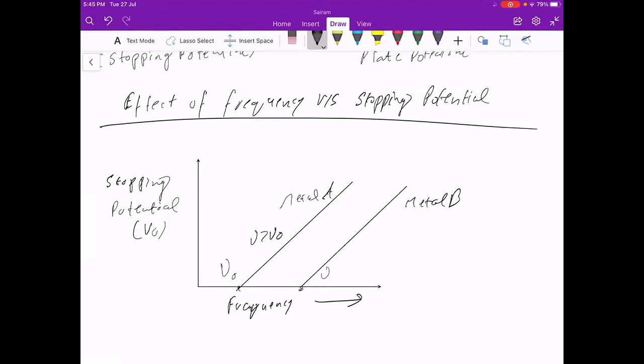Similarly, for the threshold frequency of the other metal, nu naught prime, if you are at the threshold frequency, then stopping potential is zero, because you need not apply any potential to the metal plates, as the electrons will just be able to come out. They will not have any kinetic energy, so they're not going to reach the collector plate at all. This is the gray area, where the frequency is equal to the threshold frequency. If the frequency is kept less than the threshold frequency, it is impossible for the electron to come out of the metal.